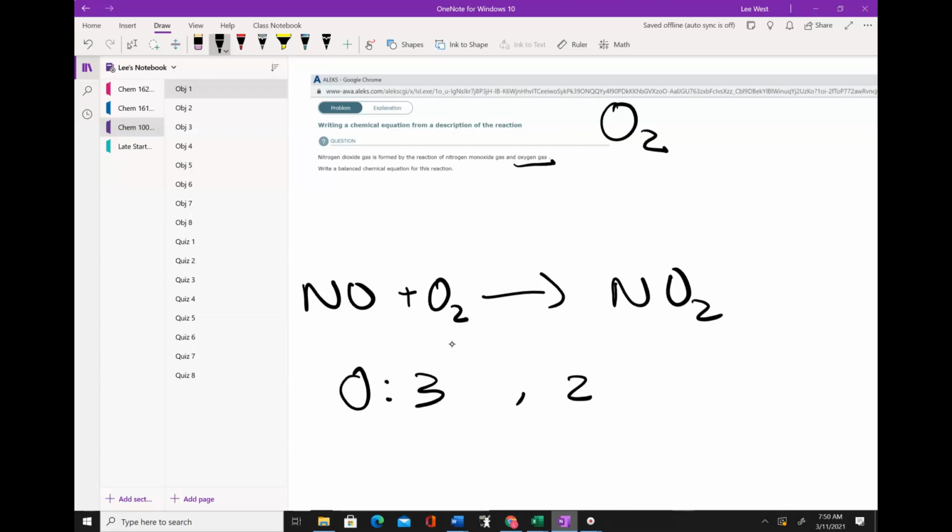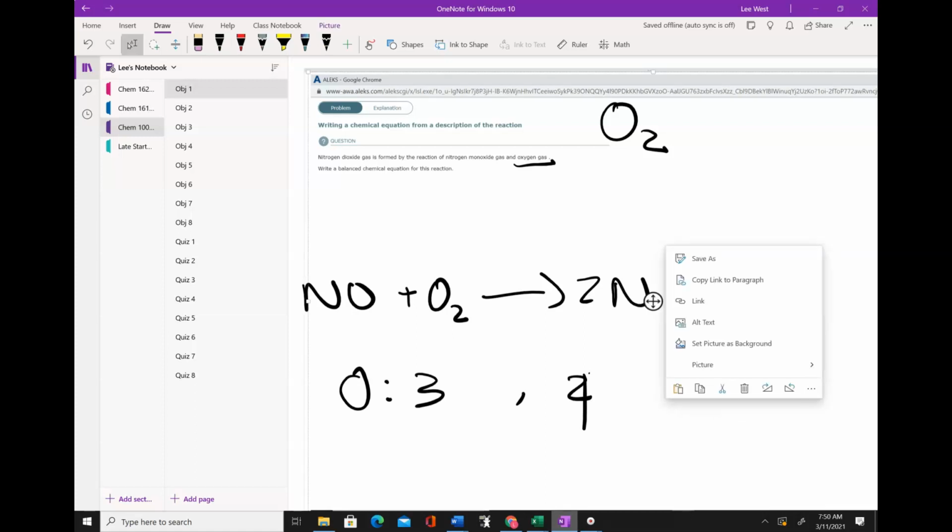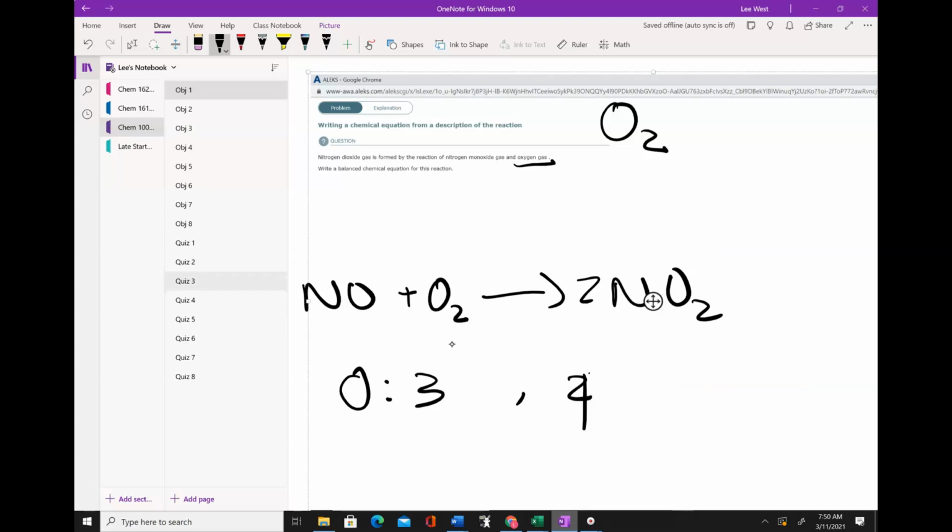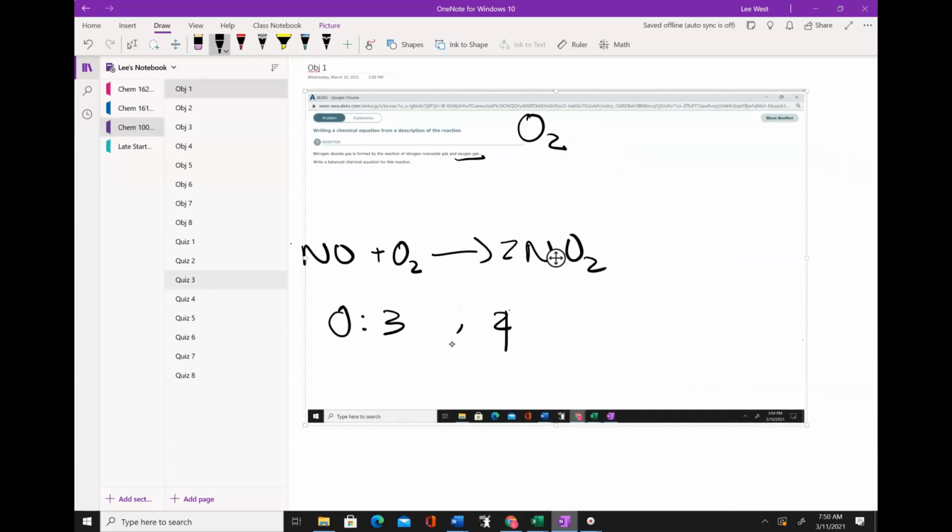So how can I make that work? Well, if I put a 2 there to increase that, then that would become 4, and that would be a problem, wouldn't it? But then I could get the other side up to 4 if I put a 2 there, so then we'd have 2 oxygens plus another 2 oxygens, so that would be 4.